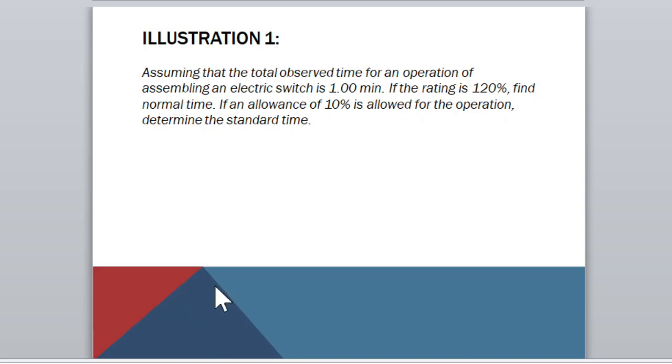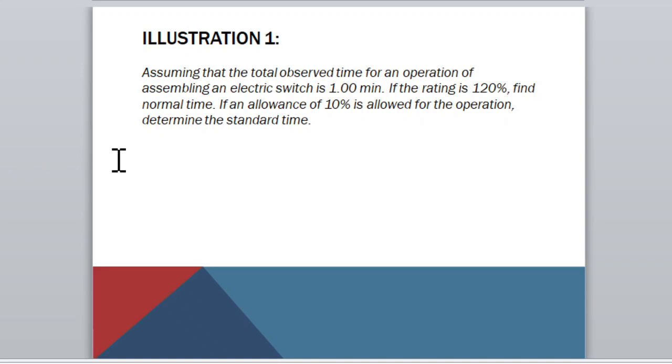So, what do we do first? What is the observed time? 1 minute. Okay, that's correct. So we have 1 times 120 over 100.